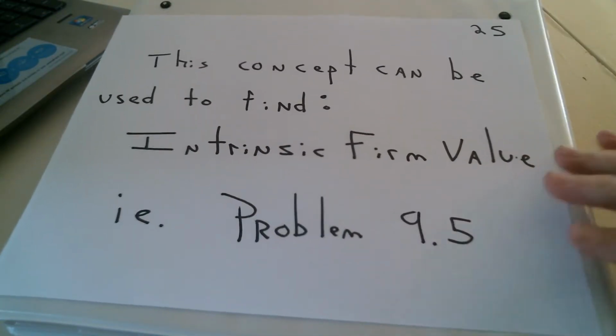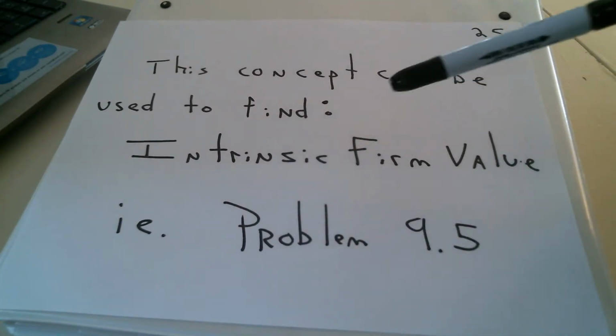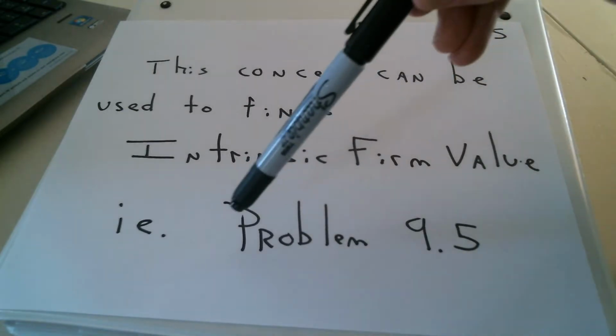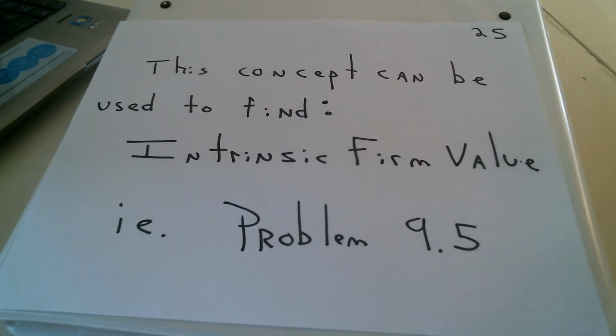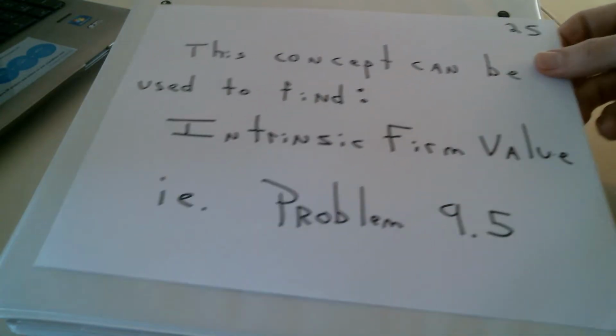Now keep in mind, this concept can be used to find the intrinsic value of the whole firm. That is showing up in problem 9.5. So the intrinsic value of the entire firm, in the problem, is equivalent to the dividend, a constant amount.